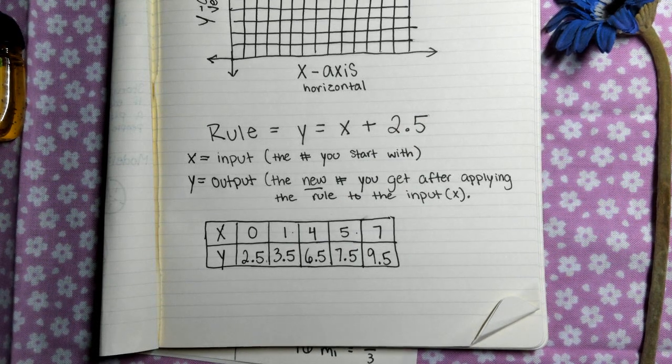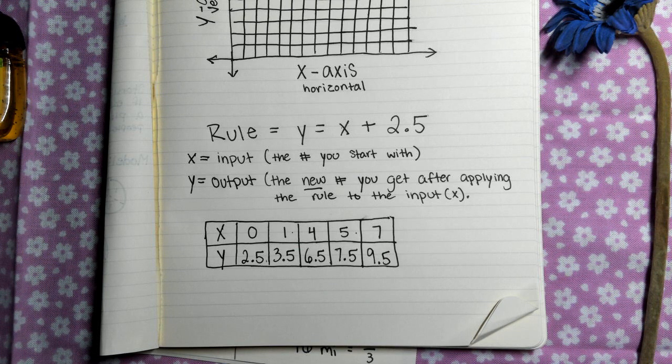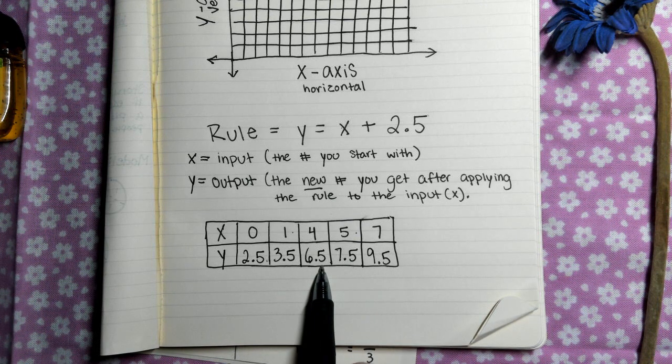So here's where I wanted to warn you about jumping side to side. We see a lot of people that will do this. Oh, look, I see a pattern. 2.5 to 3.5, well, that's 1 whole. So it must just be going up by 1 whole each time here. No, look. 2.5 to 3.5, yes, that's 1 whole. But 3.5 to 6.5, that's 3 wholes.